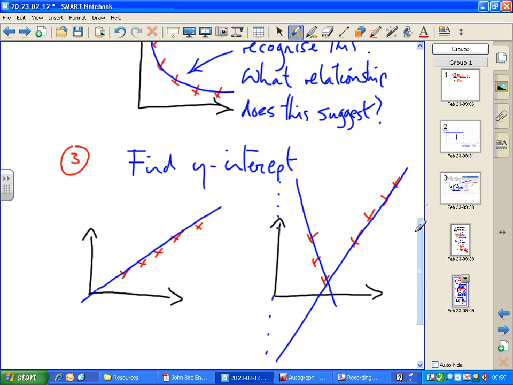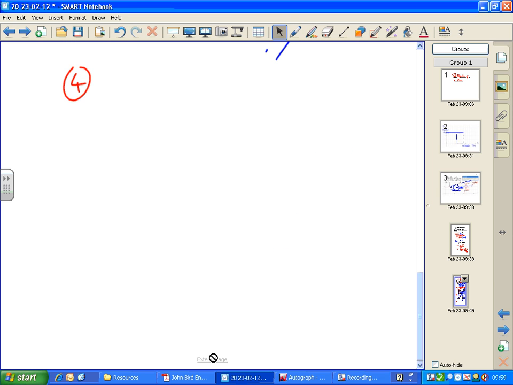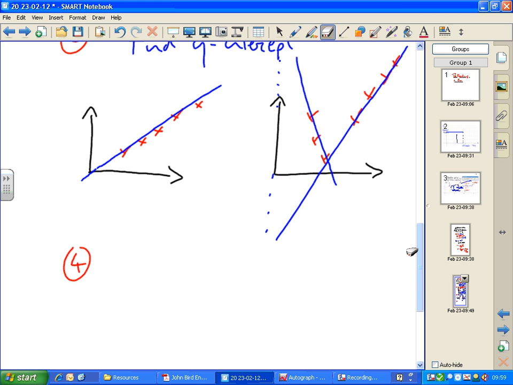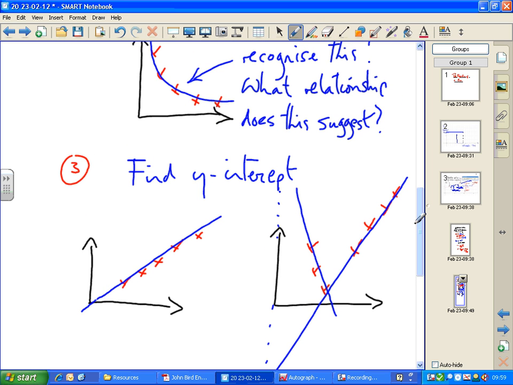And then, number 4, find the gradient of the line. Go to a new slide for this. Just before we leave this y-intercept, of course, the y-intercept is known as c in the equation of the line, the y-intercept c.